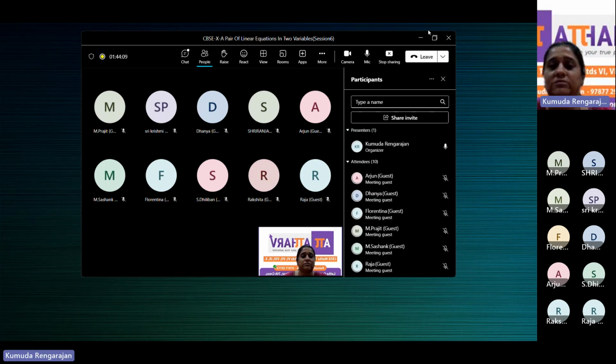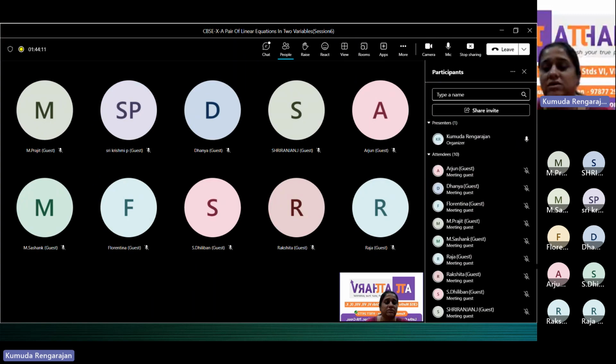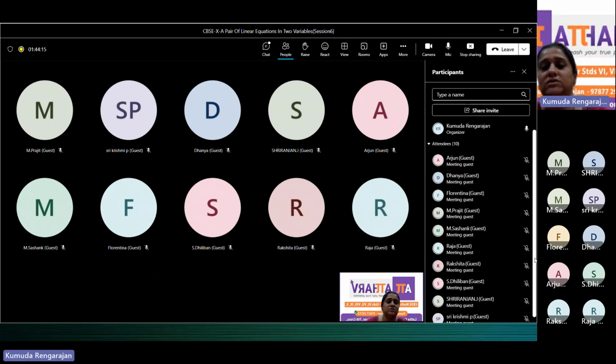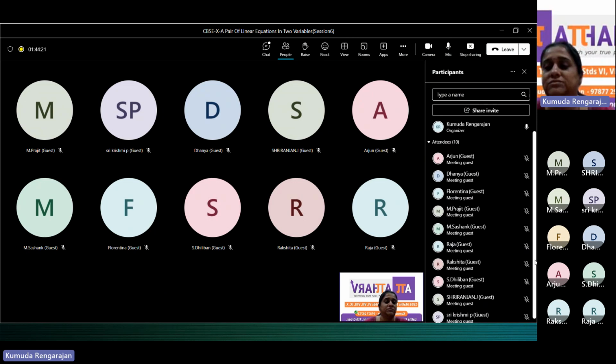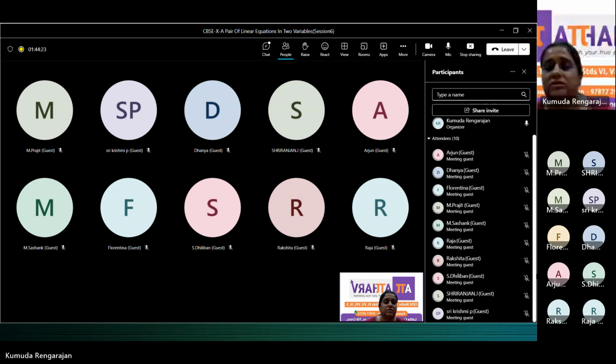From the names I can see here. Arjun, irrespective of the weather conditions, will you always attend the class at the center? Arjun? Sashank? Raja?